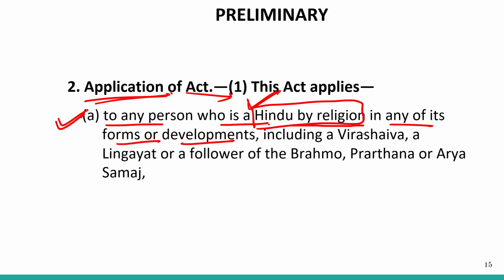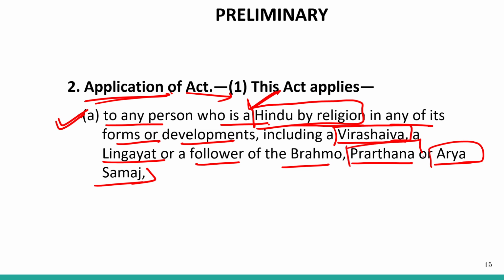And it also includes, these are the things that you need to just keep in mind. First is Veerashaiva, Lingayat, or followers of the Brahmo, Prarthana, or Arya Samaj. So these are the different sects of the society or the community which have been considered also Hindus, although the way they worship is slightly different from the way the Hindus worship.